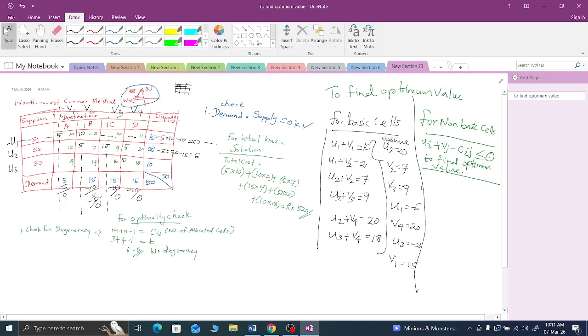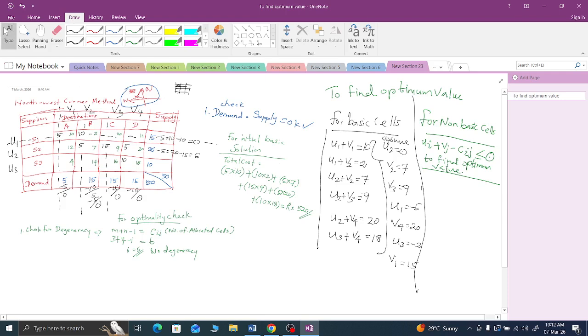Minus values maybe. If it is a positive value, your solution is not an optimum one. So you have to go for the other part, the MODI method or stepping stone method, to find the optimum value. That is the concept.